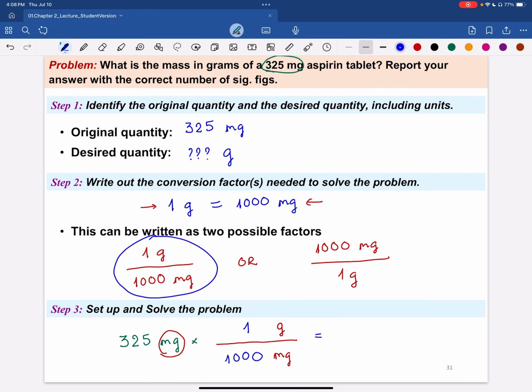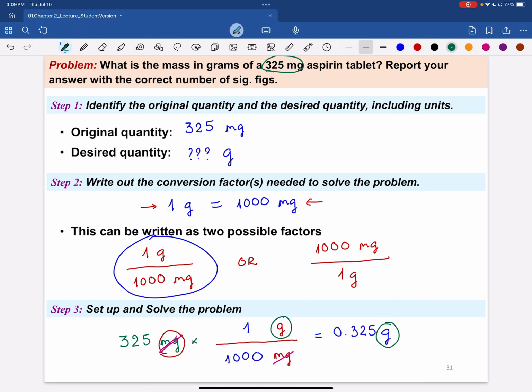I put this in the calculator, and my final answer is 0.325 gram. Milligram cancels out, and you are left with gram, which is your desired unit.